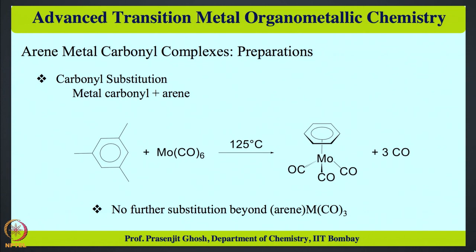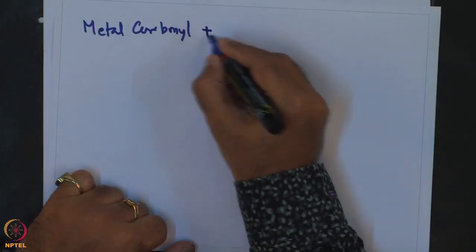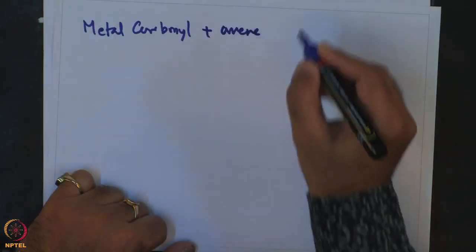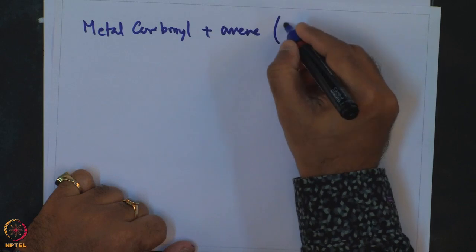So, one of the common methods of preparing these complexes involves metal carbonyl and arene, the reaction of metal carbonyl plus arene, and these are called carbonyl substitution reactions.